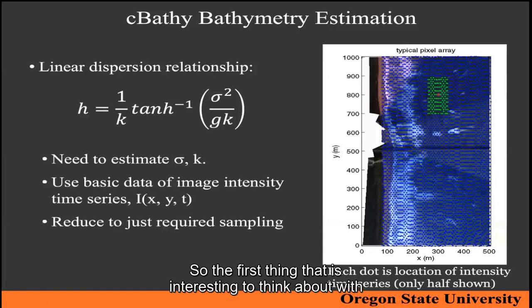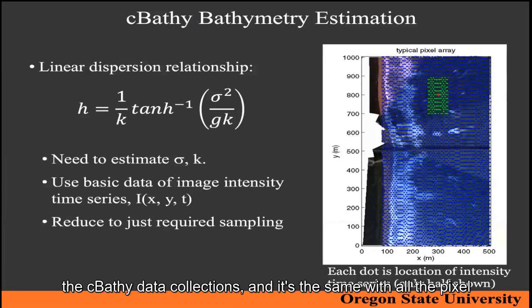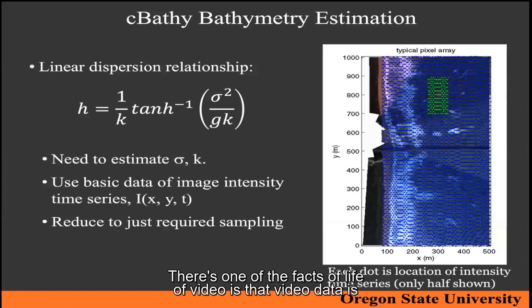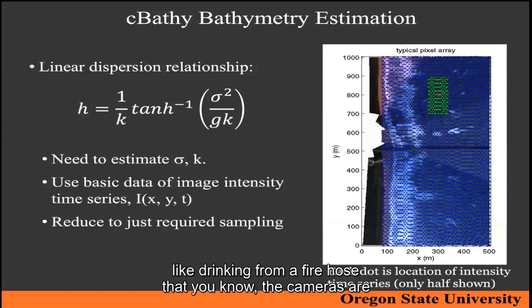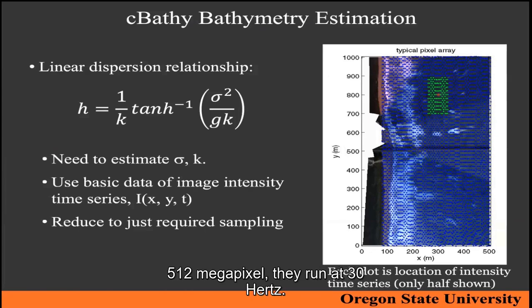So the first thing that is interesting to think about with the cBathy data collections, and it's the same with all the pixel tools, is one of the facts of life of video: video data is like drinking from a fire hose. The cameras are 5, 12 megapixel. They run at 30 hertz.